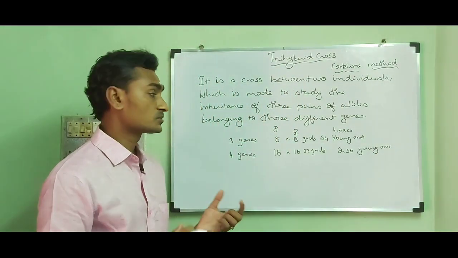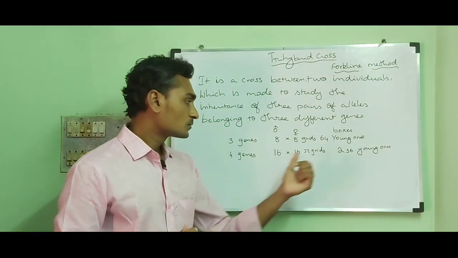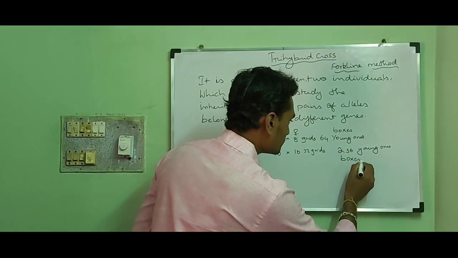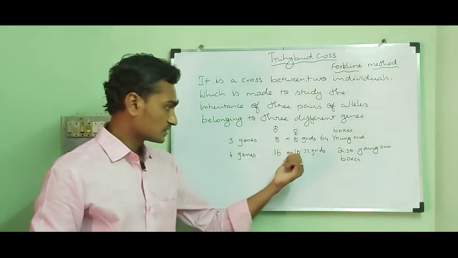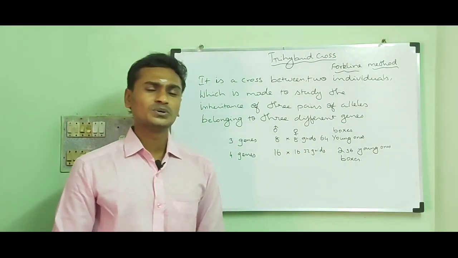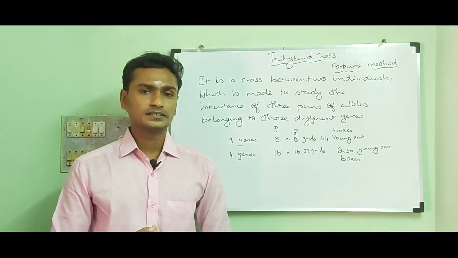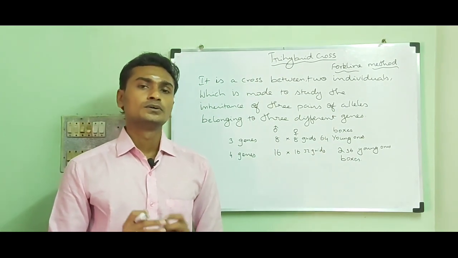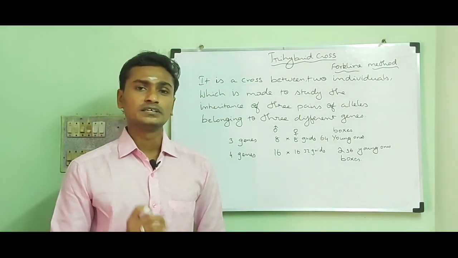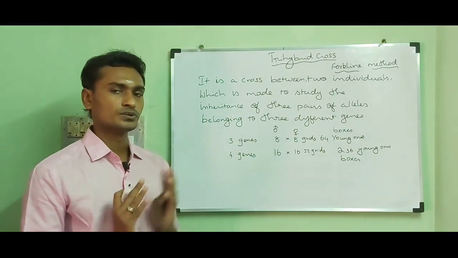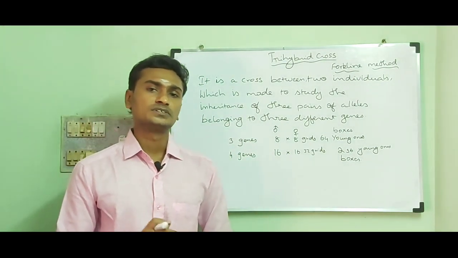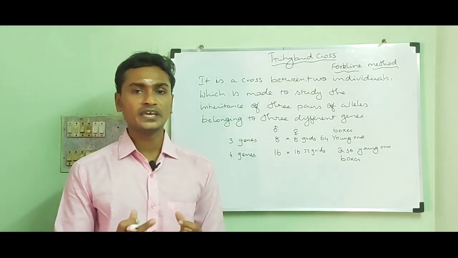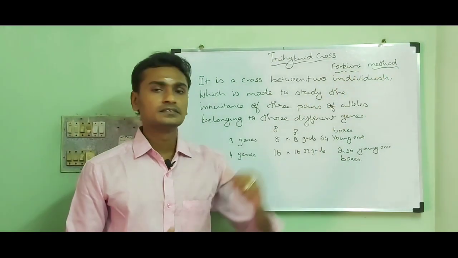So, in Punnett square, we have to draw 256 boxes, then 32 grids. So, it is a complicated, tedious, extremely difficult process to manually enter each genotype. For that type of complicated process, we can make use of Forkline method.